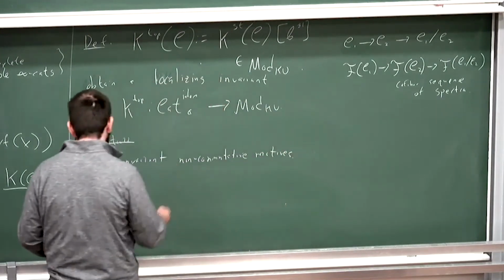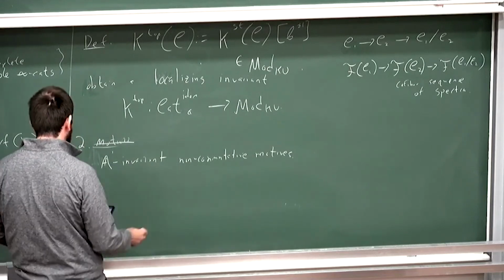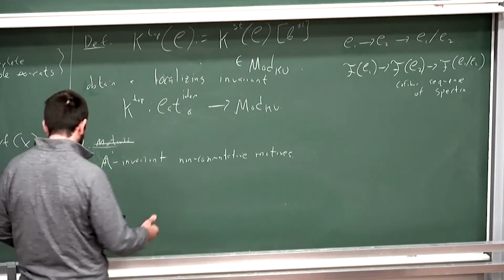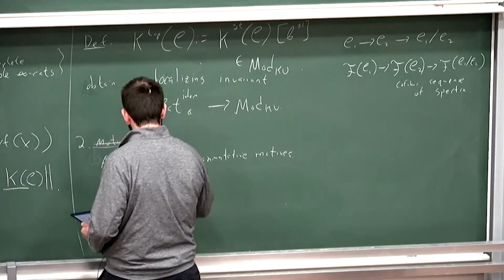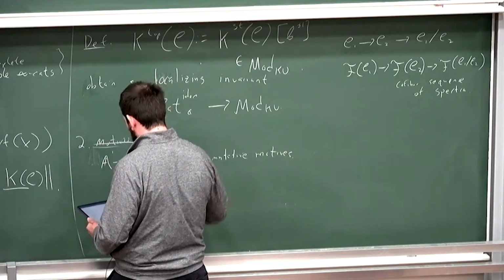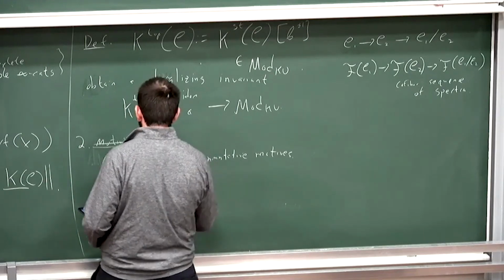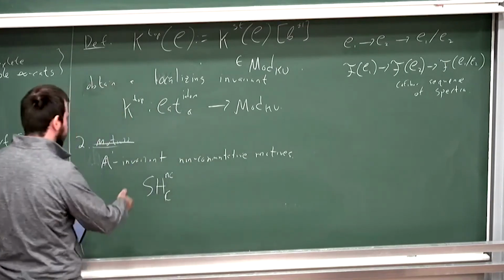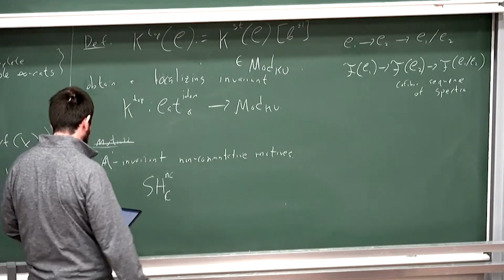And this variant that I'm going to describe here actually admits a nice comparison with commutative motives, with SH. I'm basically working with the complex numbers, but this is done over any commutative ring essentially.